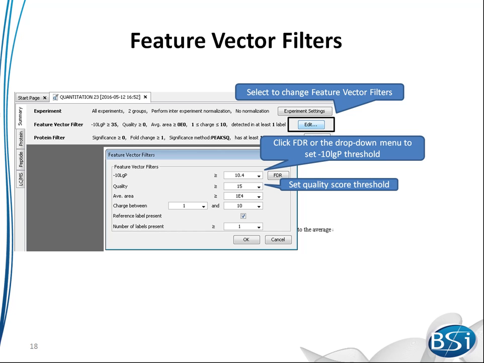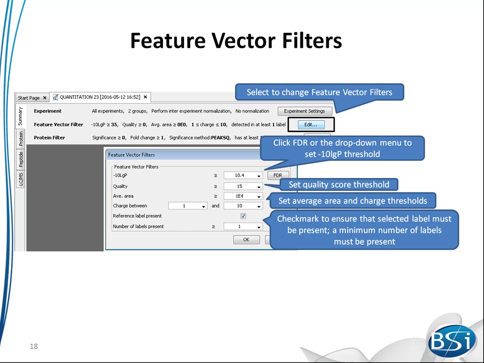Choose a quality threshold, the score for which is based on a comparison between feature vector characteristics, which include mass-to-charge ratio and RT differences, XIC shape similarity, and feature intensities. Set average feature areas and a charge range. Finally, choose whether or not you only want to display peptide features that include a reference label, and additionally, the minimum number of labels that must be present. This reference label can be set within experiment settings at the top of the filtration options.